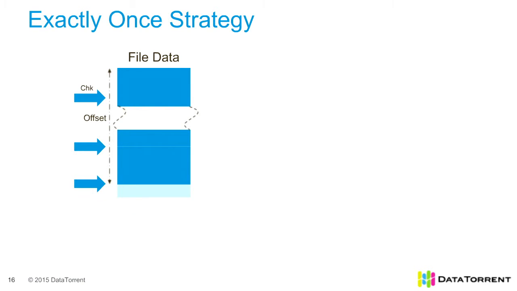So it will truncate the file back to the offset at the checkpoint, so that its state is now consistent with the data in the file. And when the data is replayed, it starts writing the data back to the file. So this way, you don't lose any data, and there are no duplicates either.